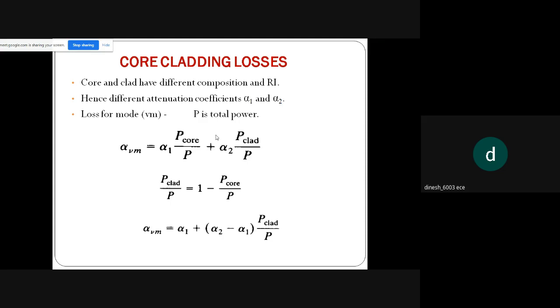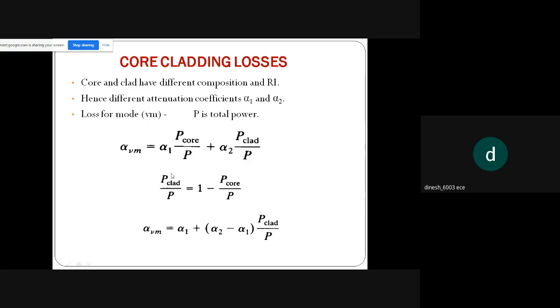The formula for finding the core cladding loss is here. Alpha Vm, the mode of operation, is equal to alpha 1 P core divided by P plus alpha 2 P cladding divided by P. That is, the power in the core divided by the total power, and the power in the cladding divided by the total power.